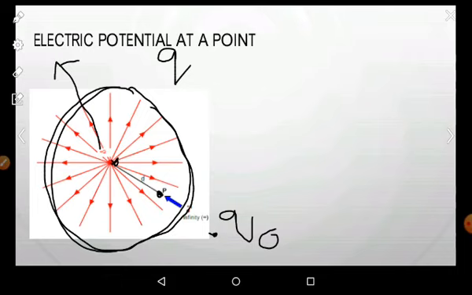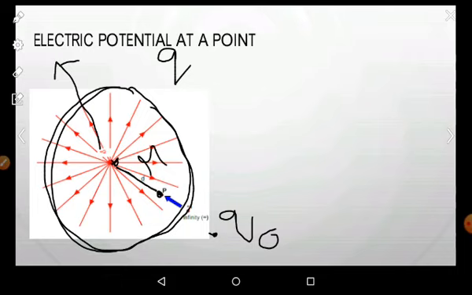Here we have that point which is at a distance r from the given charge Q. The Q naught itself will not move into the field. We have to do some external work. An amount of external work must be done to place Q naught within the field.